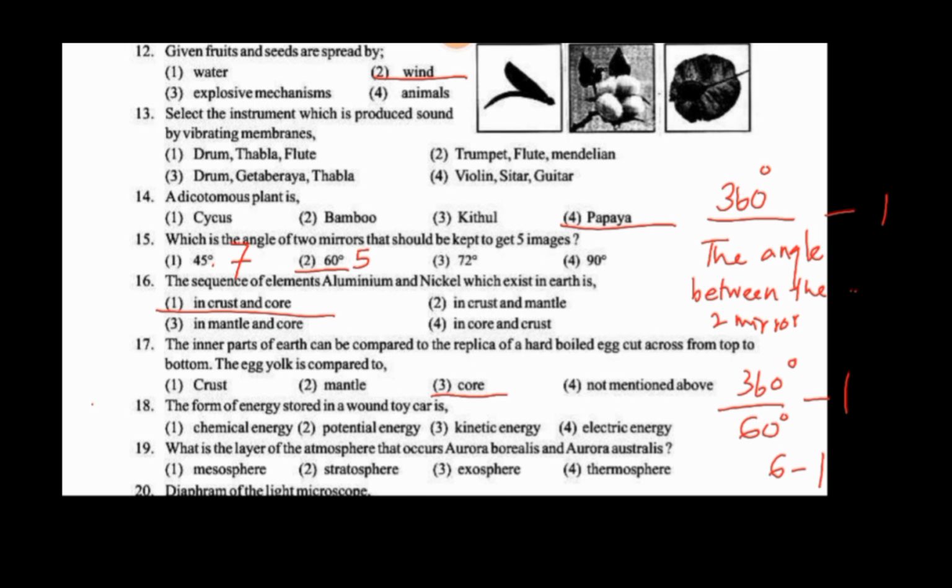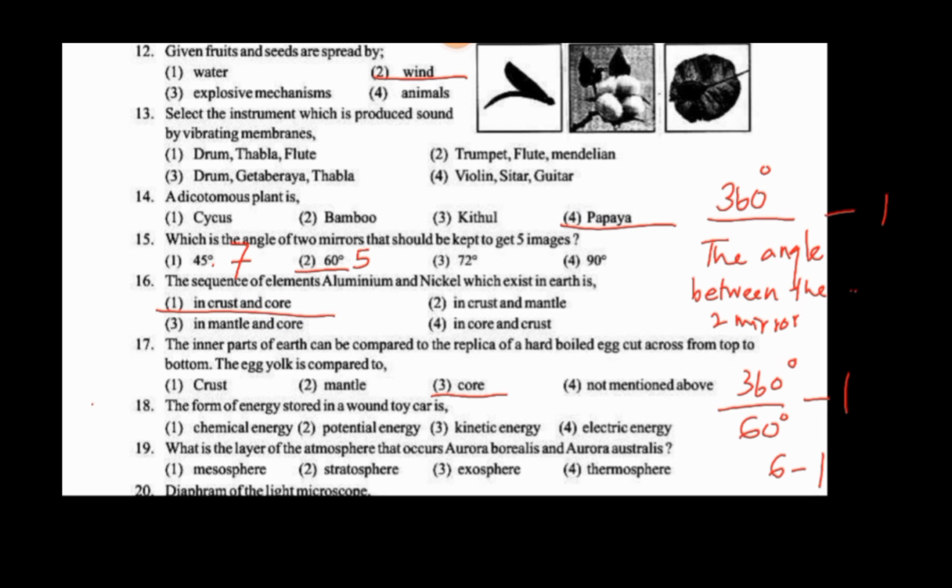Core. Question number 18. The form of energy stored in a wound toy car is, right? In that lesson, you learn about different types of energies. Kinetic energy, potential energy, electrical energy, chemical energy, like that. Right? Question 18, the form of energy stored in a wound toy car, right?